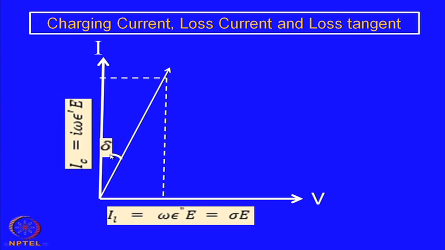Delta is actually a measure of the loss of energy which is conducted away through the dielectric. Ideally there should not be any conduction, but in reality there is some conduction, and the conductivity is the measure of how much loss can take place. The higher the conductivity, the higher the current and the higher the loss.